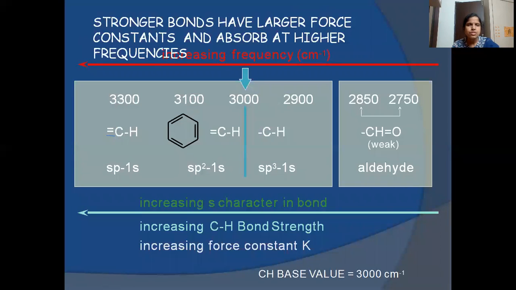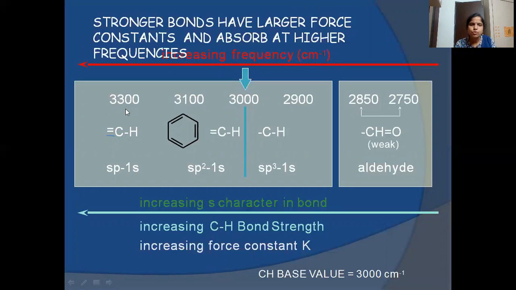Stronger bonds have larger force constants and absorb at higher frequencies. That we have seen in the last class, the factors affecting vibrational frequencies. So for the triple bond, sp CH, because of three bonds, a large amount of energy is required.